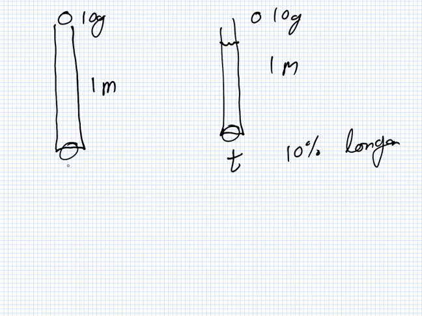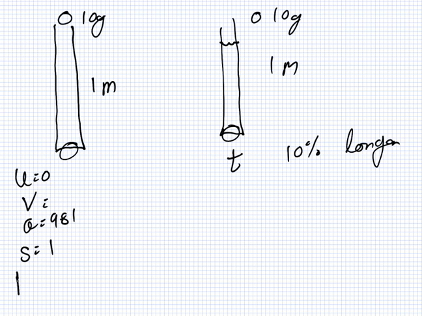So first let's calculate the time. U is 0, V we don't know, A is 9.81, T we don't know, S is 1, and we want the T. So I can't use V equals, what can I use?